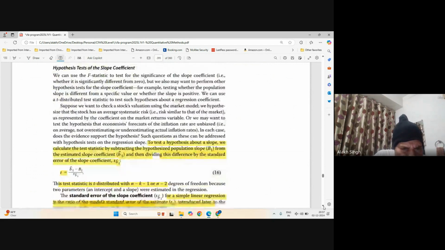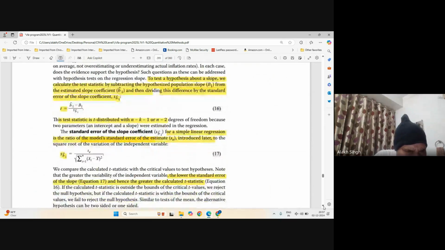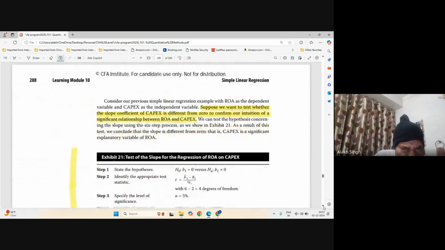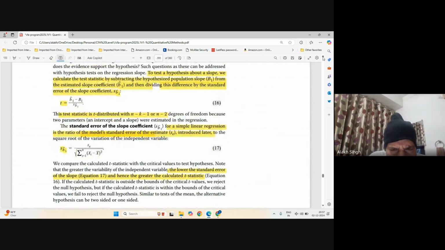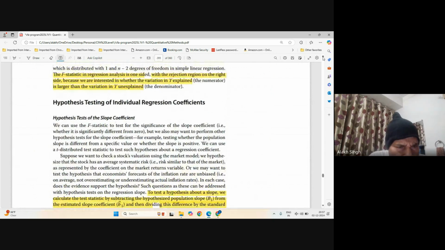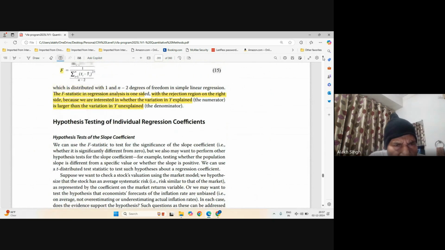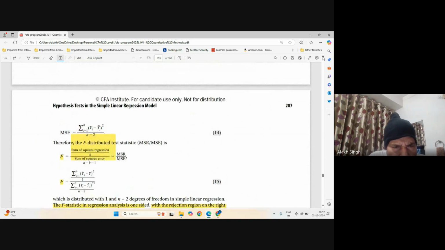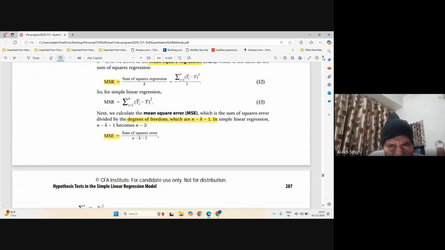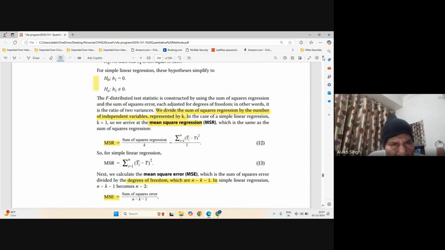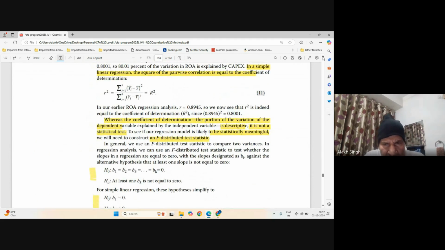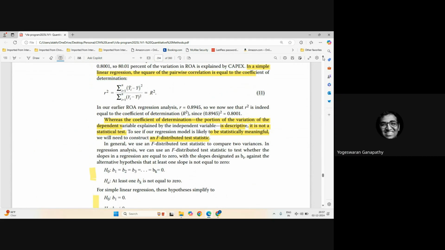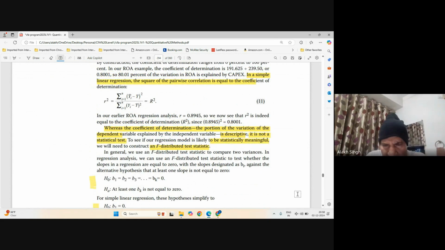No, it is not the F value. Where is the F value? It should be here. The book has not written a value. I think it comes after the t-test.